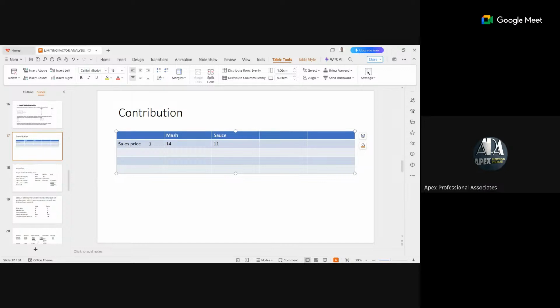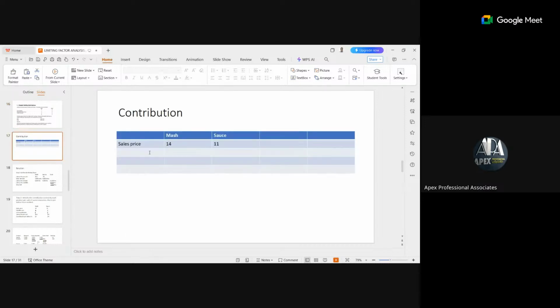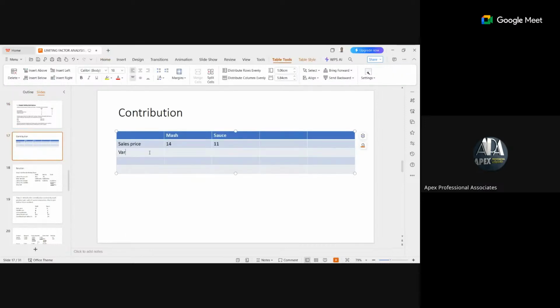And for source is 11. Now, the variable cost, you add everything here, you get 8. You add everything here, you get 7. So I won't be splitting it. I will just write variable cost for mesh is 8. For source, it's 7. Now, the unit contribution will be 6 for mesh, and 4 for source.